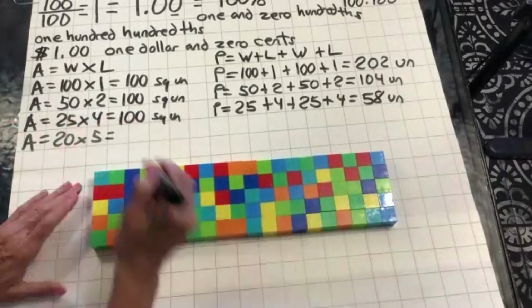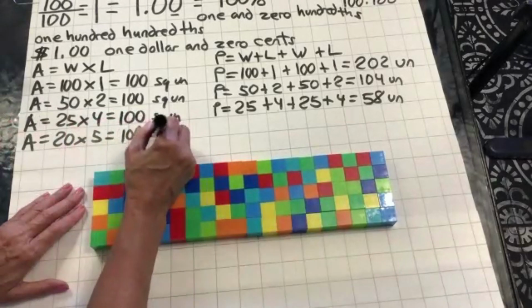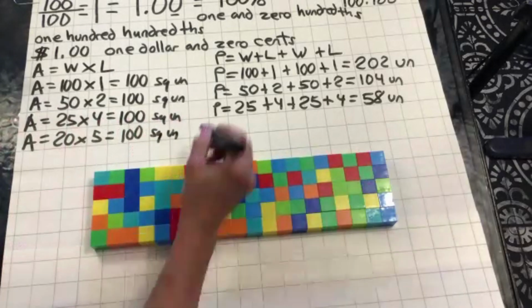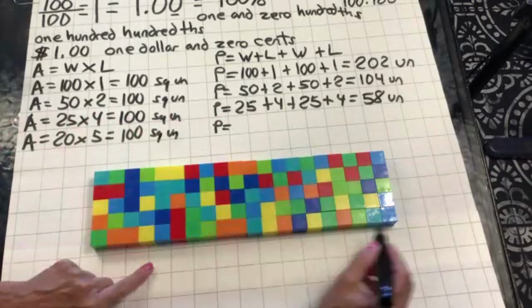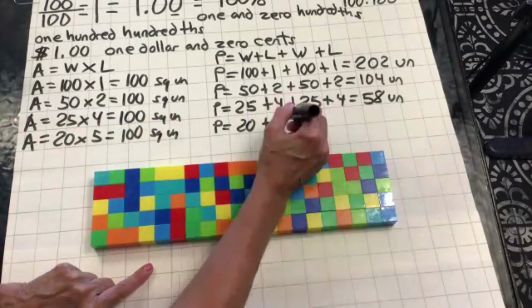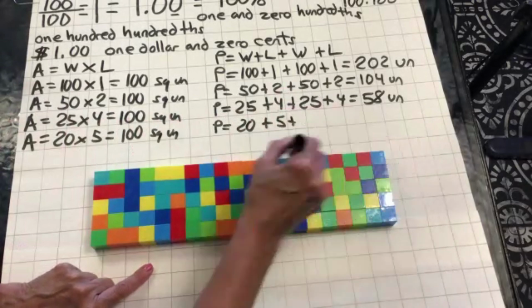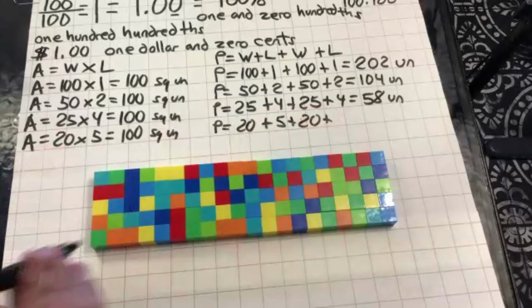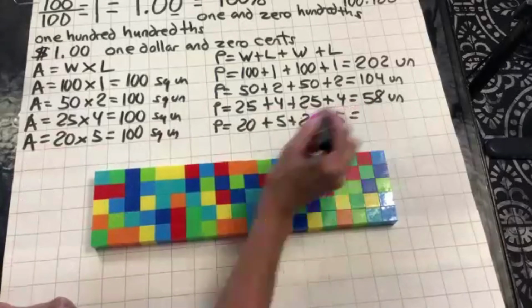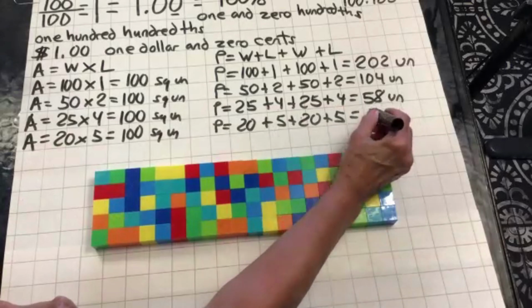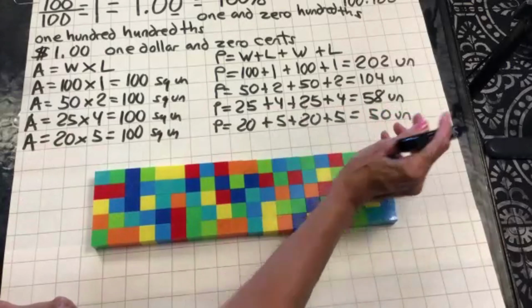So I'm using the same 100 cubes and made it 20 across by 5. And so my perimeter would be 20 plus 1, 2, 3, 4, 5 on that side, plus 20 on that side, plus 5 on that side. And so we look at 20 plus 20 is 40, plus that 10 is 50 units.